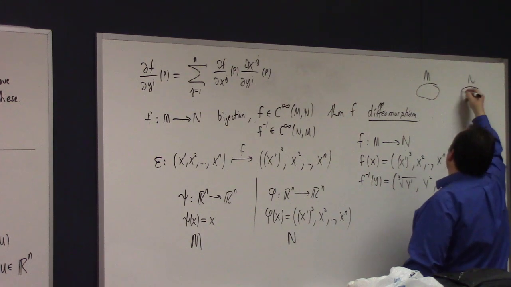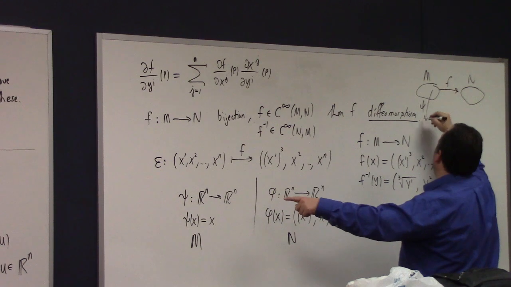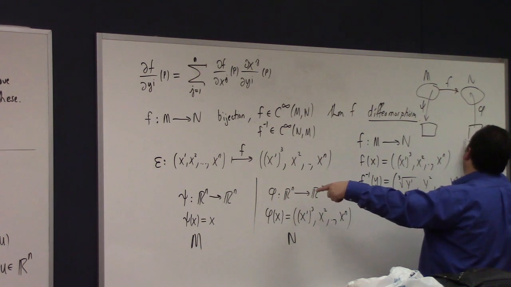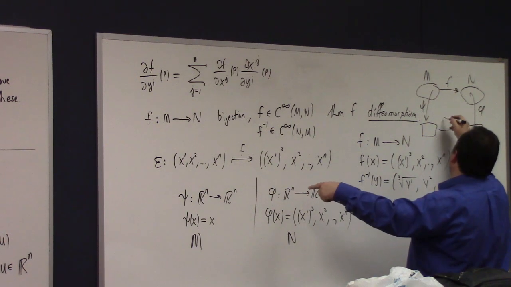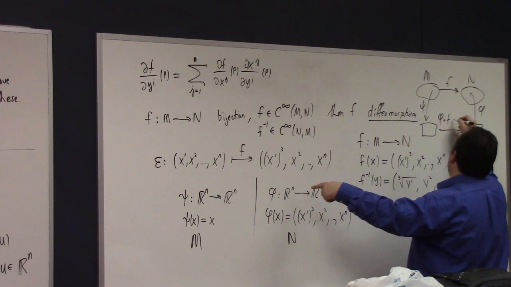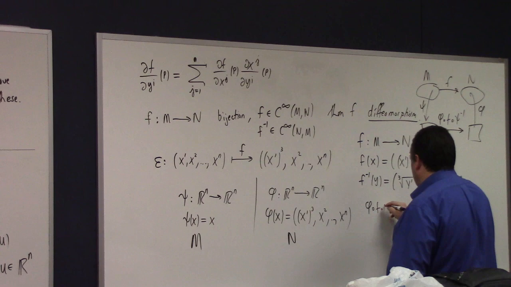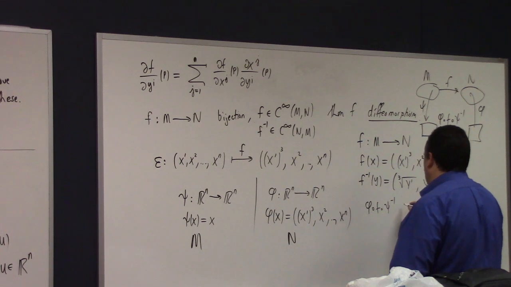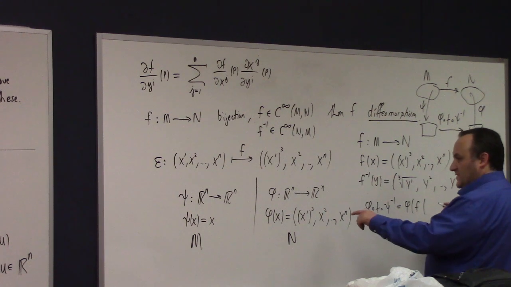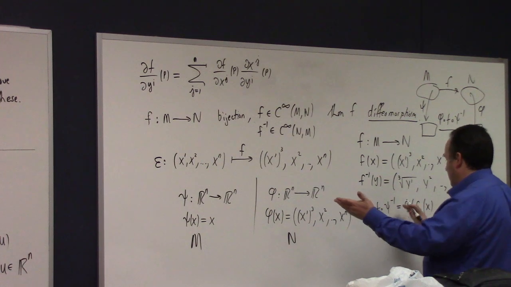I'm nothing without this picture. This is psi, and over here is my quote-unquote phi. So one of the maps I have to look at is phi composed with F composed with psi inverse. What is that? It's phi of F of psi inverse of x, which is x.